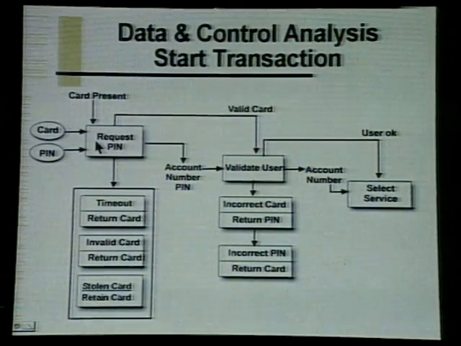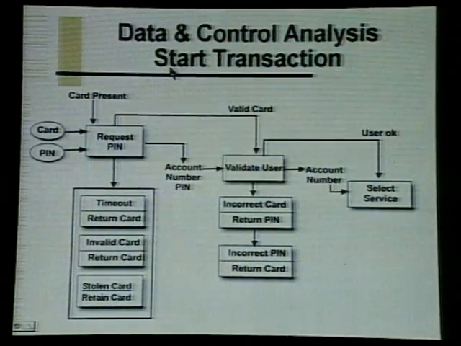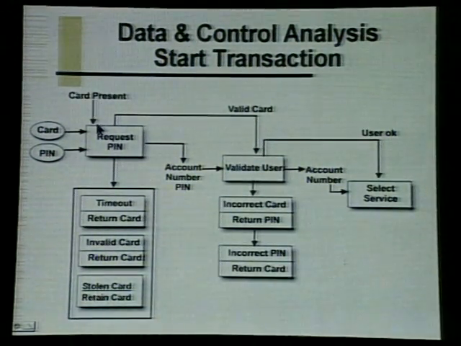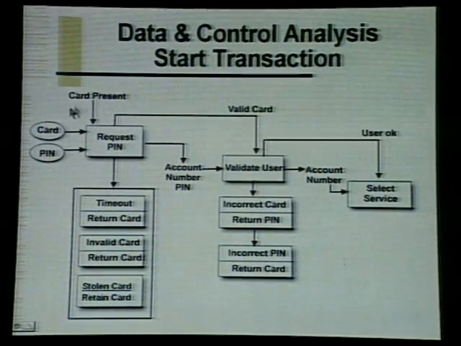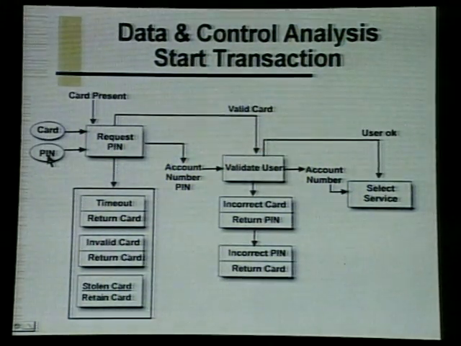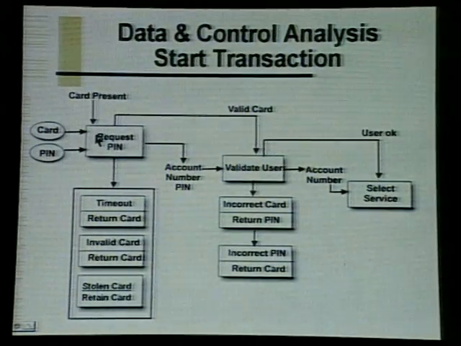To briefly discuss our example, we have here a state transition diagram for the start transaction service. This diagram is for start transaction, which is one of the control inputs. The arrow coming on the top of a box shows the control information, and the data is what is input into the system.